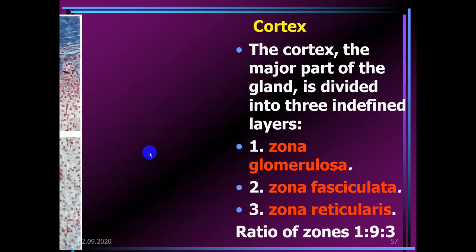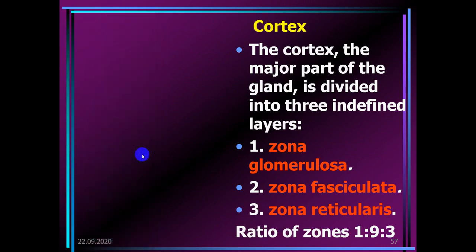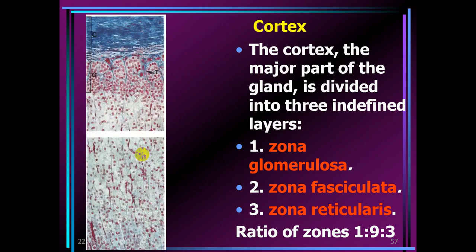The cortex of the adrenal gland has 3 zones. Just under the capsule, blue it is the capsule, under the capsule is located the zona glomerulosa. Here you can see epithelial cords, and these epithelial cords form loops just under the capsule, which look like a glomerulus.